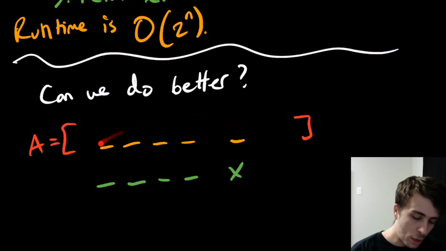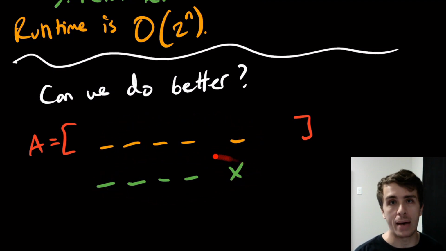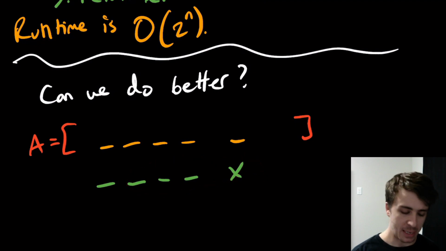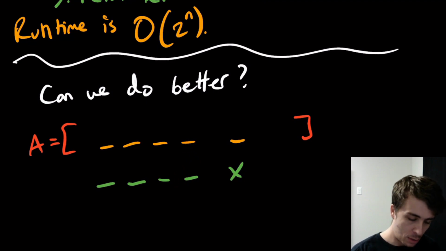Well, what could the longest length of this be? Whatever it is, it can't be too wildly different from this one, because there's only one value that's different between these two, right? I should actually clarify.